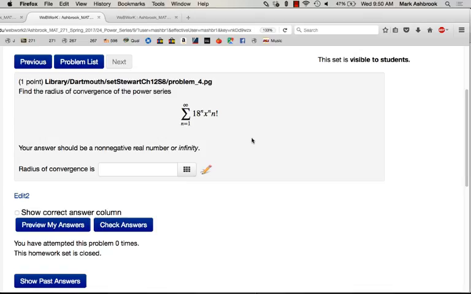Well, what has to happen to a sequence in order for the series to converge? It has to go to 0, right? That's like the flip side of the divergence theorem. If that thing doesn't go to 0, then game over. If that thing does anything but go to 0, so what does that x have to be?